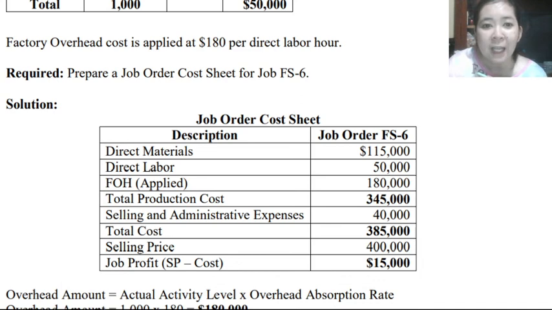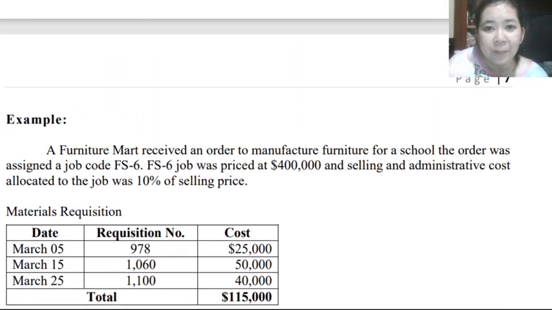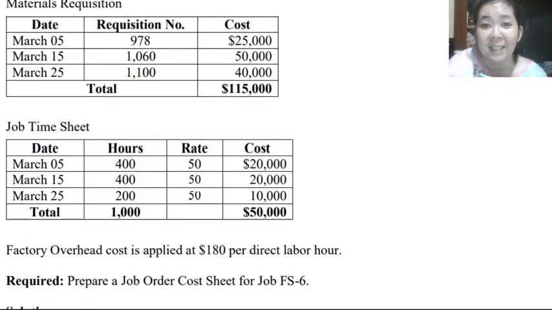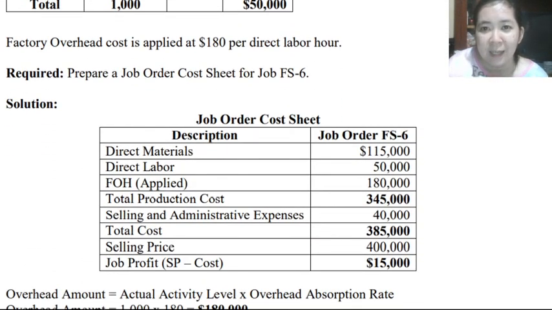And for our selling and administrative expenses, this is 10% of our selling price. Our selling price is 400,000, so 10% of that is equal to 40,000. Therefore, the total cost for this job is equal to 385,000. And we will deduct from the selling price of 400,000 the total cost of 385,000. So the result is a profit of 15,000.